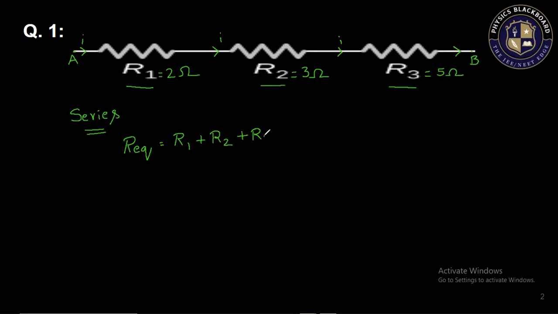That is, R equivalent is equal to R1 plus R2 plus R3. R1 is 2 ohms, R2 is 3 ohms, R3 is 5 ohms. If you add all this, you will get 10 ohms. 10 ohms is the equivalent resistance when these 3 resistors are in series connection.